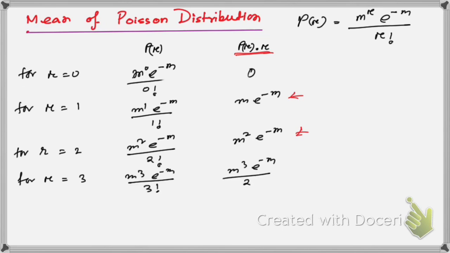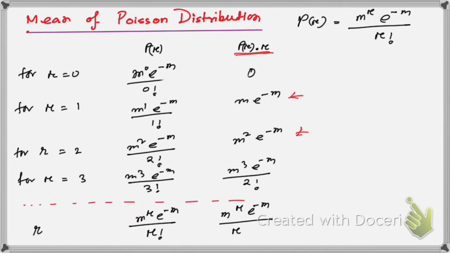If you multiply it by 3, factorial 3 means 3 into factorial 2, so 3 will be cancelled, and we have factorial 2, right? Similarly for r, if you go on, you will get this expression with factorial r minus 1. If you multiply here by r, then you will get factorial r minus 1, right?